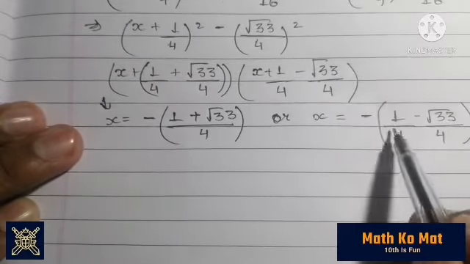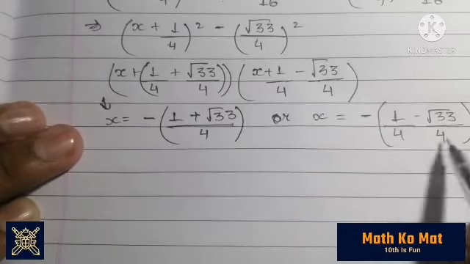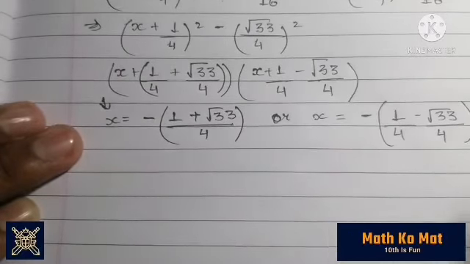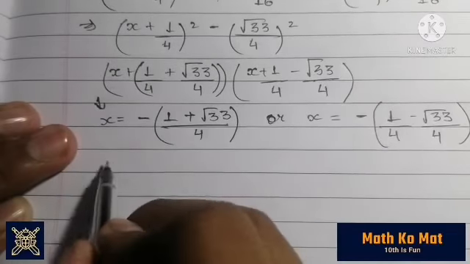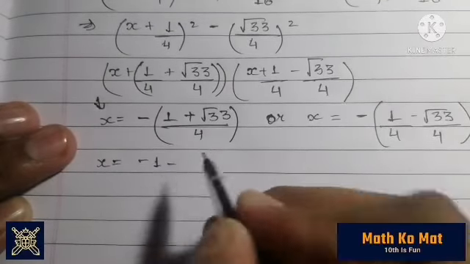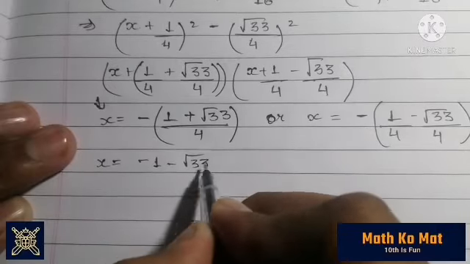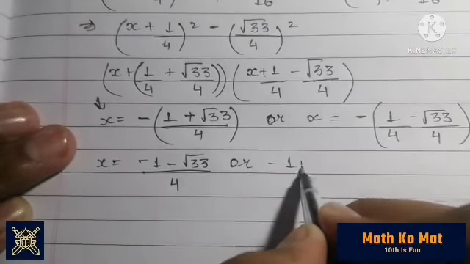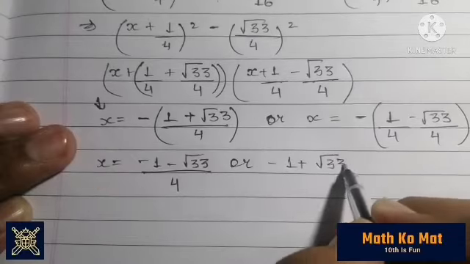And when you simplify it, 1 minus root 33 by 4, or you are having this sign. So let me open this also, it would be easier for you to understand. So x is equal to minus 1 minus root 33 by 4, or minus 1 plus root 33 by 4.